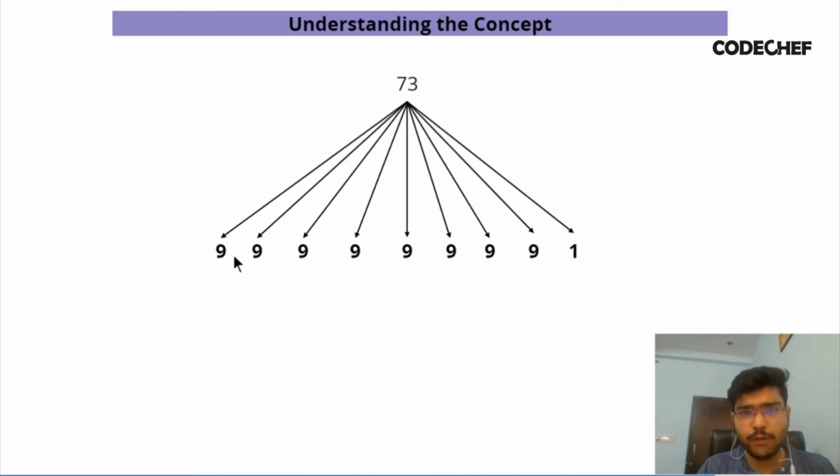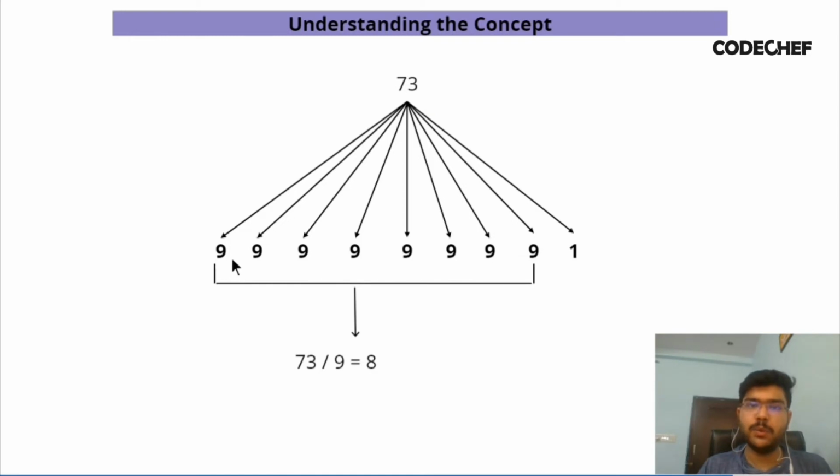So instead of using a while loop and taking out 9 again and again, a better trick is that I can quickly divide that particular number by 9. If I divide that number by 9, what will the quotient of that division result in? It will result in the number of 9s that I want to take out, that is 8 9s, right?